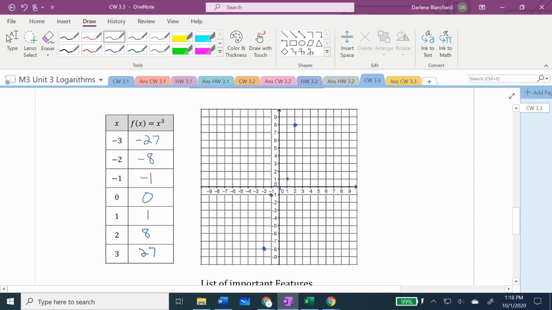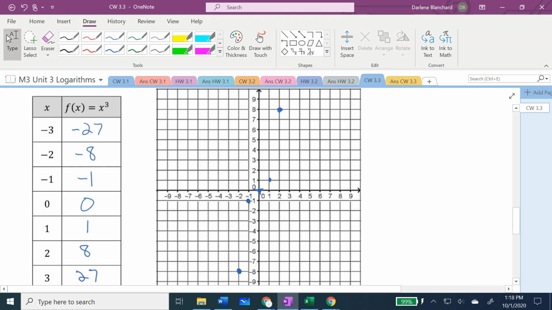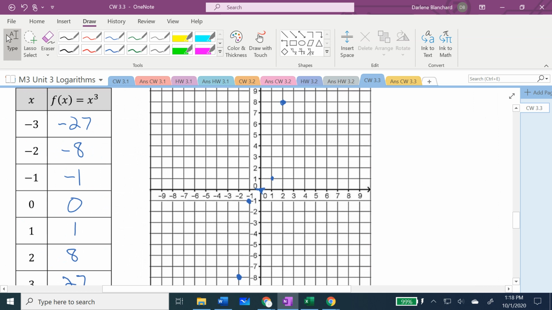Here's what I want you to know about x cubed. X cubed actually flattens in the center. So what I'm going to do is kind of draw a little bit of a horizontal line. Now, the graph technically does not have a horizontal line there, but I'm trying to do this to get you to see that it flattens. It's curvy. It doesn't stop being curvy.